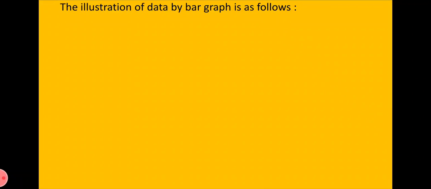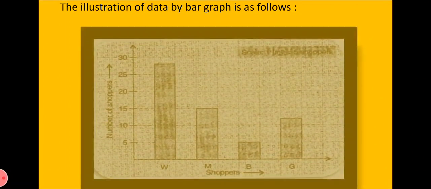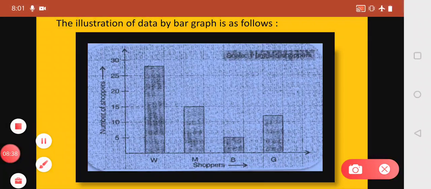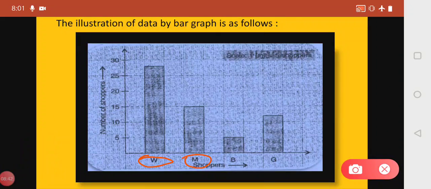In a bar graph, as we have learned, the illustration of data is as follows. You can see on the x-axis, that is the horizontal axis, we have to write the shoppers: woman, man, boy and girl.